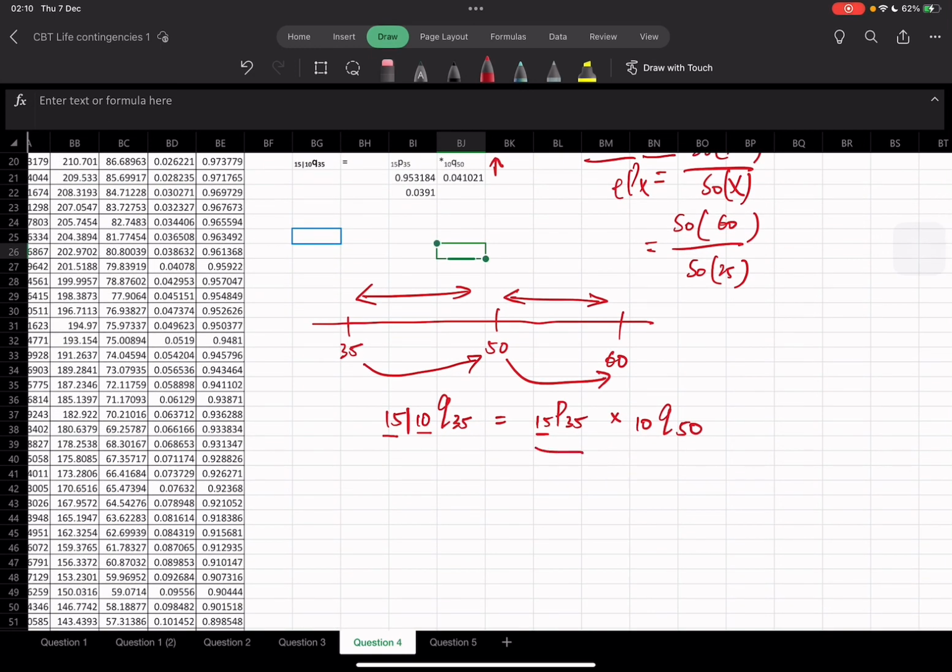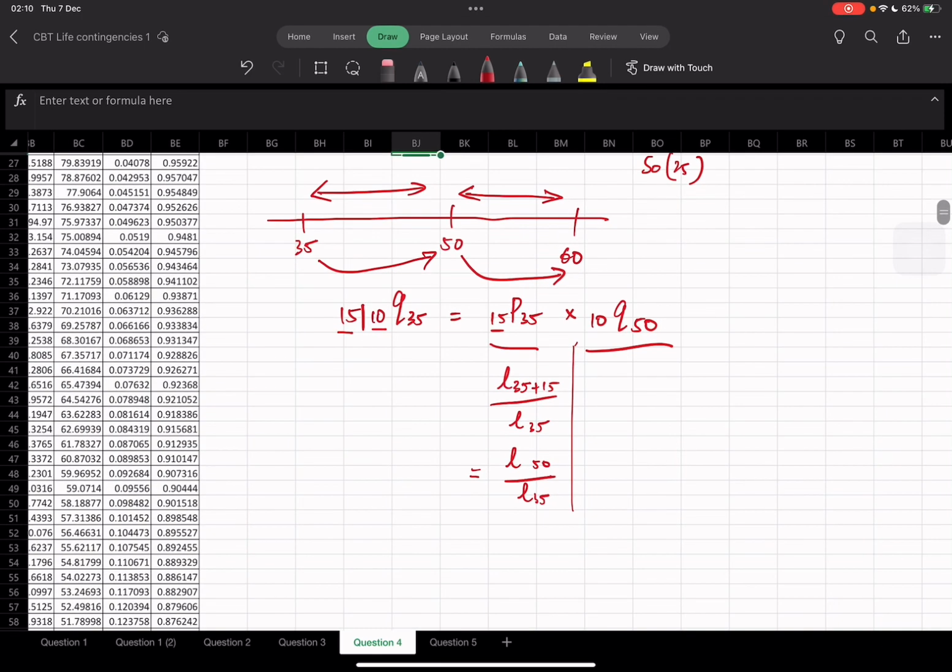For 15p35, we can obtain it with L35 plus 15 divided by L35, which is L50 divided by L35. And then for 10q50, we can do 1 minus 10p50, which is 1 minus L60 over L50.